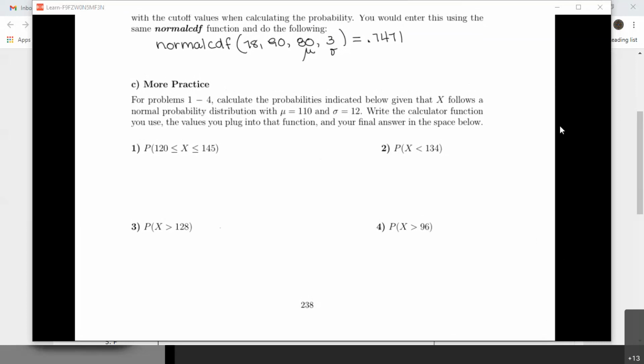Okay, again, you've got some information up here, your mean and your standard deviation. Okay, don't calculate z-scores. Use a calculator.